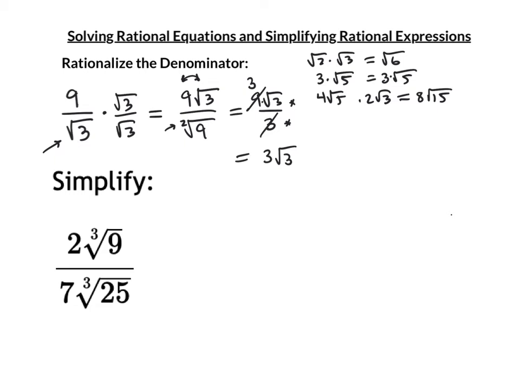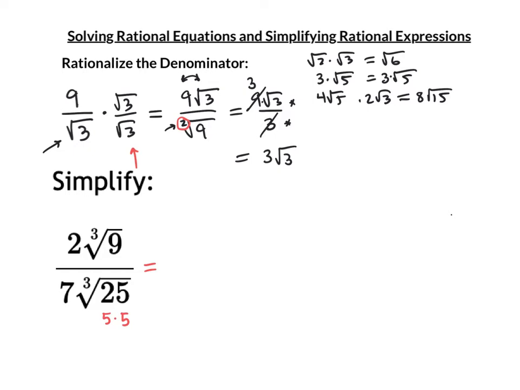Above here, we multiplied by root 3 because it created a perfect square. Below, we need to rationalize the denominator just like we did above, but we have a cube root. We need to create a perfect cube. Notice how 25 is 5 times 5.